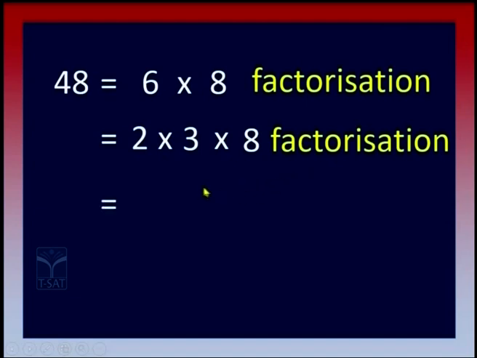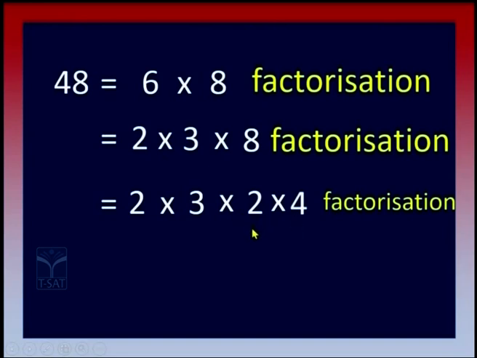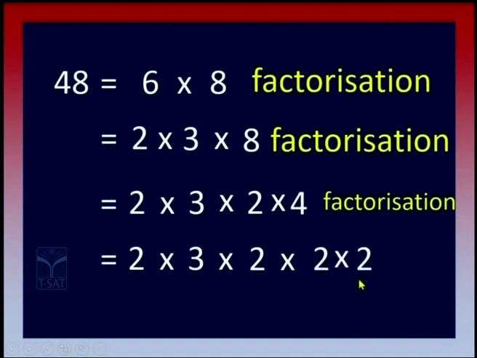And again, 2 into 3 into, and what about 8? 8 can also be split into 2 into 4. So it can be written as 2 into 4, and this way of writing 48 is also factorization. And you again know that the number 4 can also be split, isn't it? So I write this as 2 into 3 into 2 into, again 4 can be split as 2 into 2.